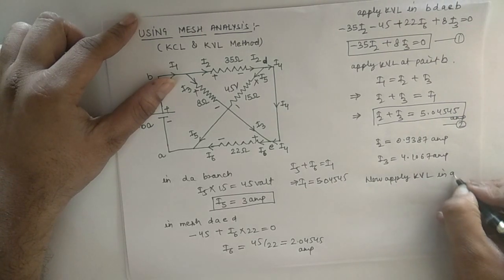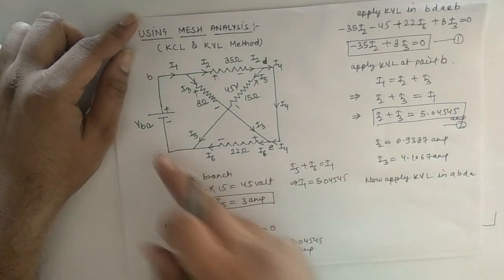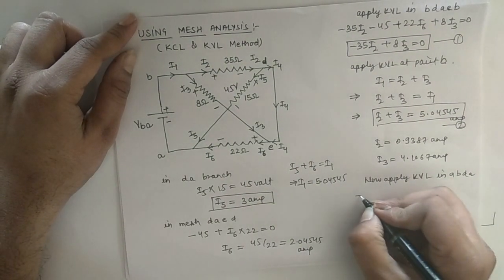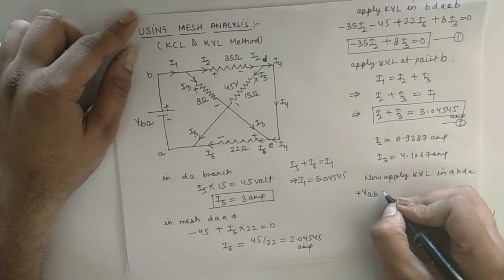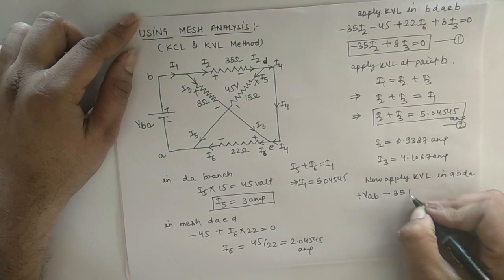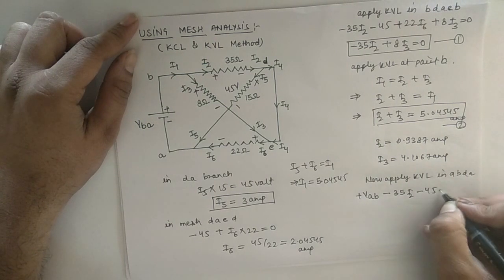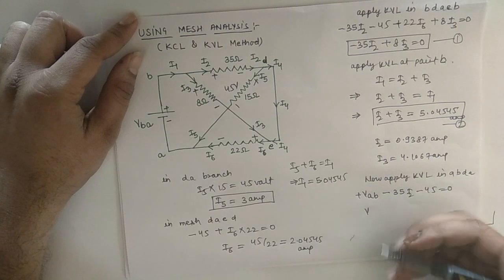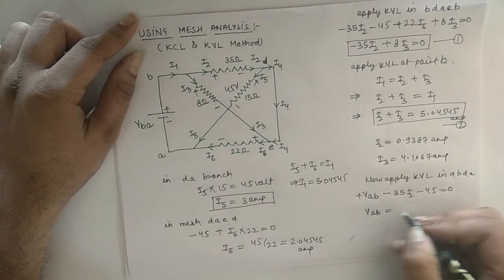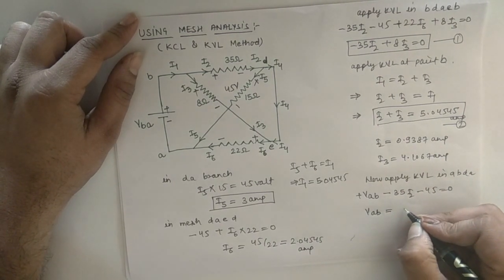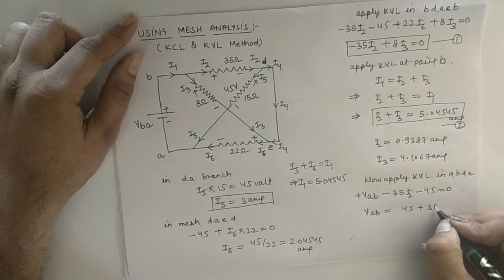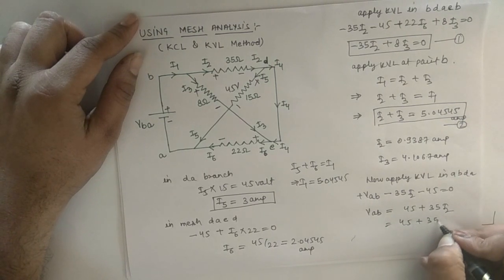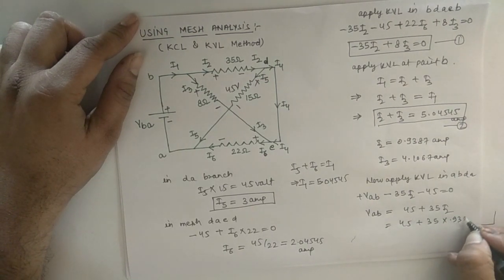in ABDA in this mesh. Start from A, plus of VAB minus of 35 I2 minus 45 is equal to 0. So put here I2. So in this way you get VAB is equal to 45 plus 35 I2, and 45 plus 35 into 0.9387.